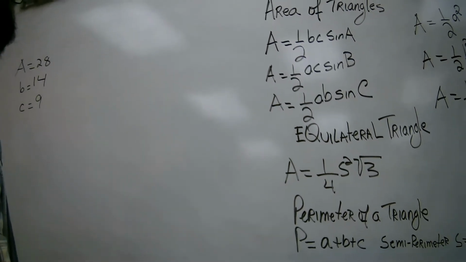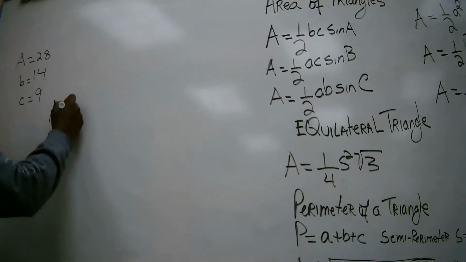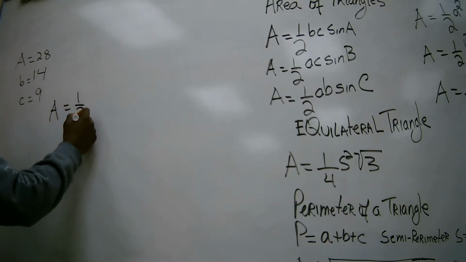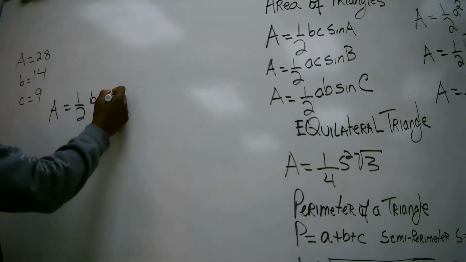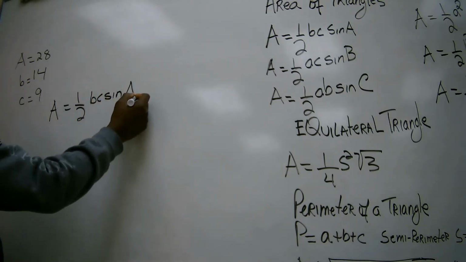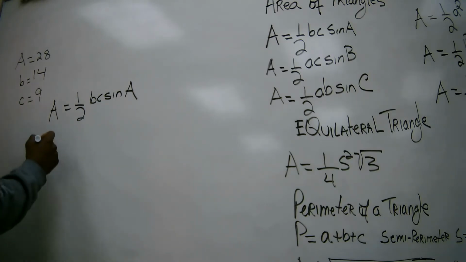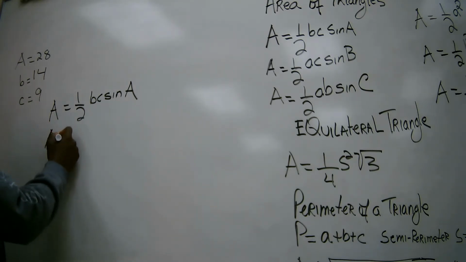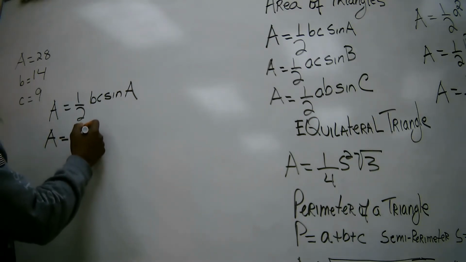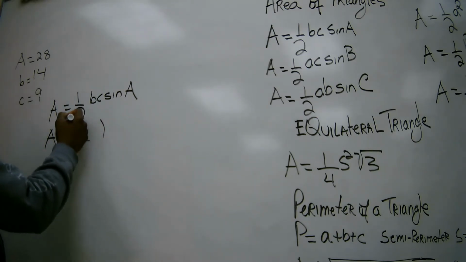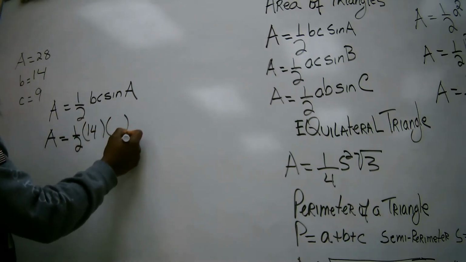Based on that information, you should be able to find the area. In this case, to find the area of the triangle, you take area equals 1/2 bc sine A. This is the formula that you're going to use. Then you insert that information and calculate. That will be 1/2, b in this case is 14 units and c is 9.